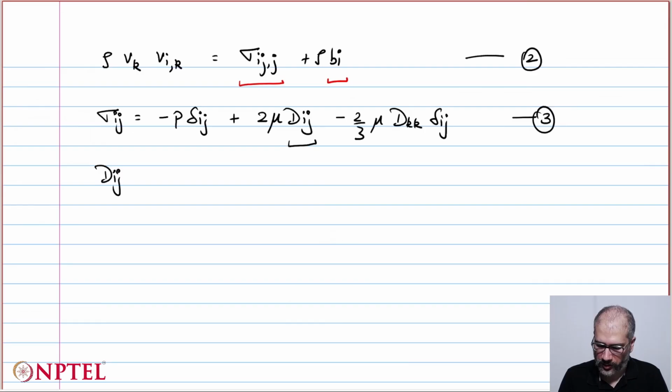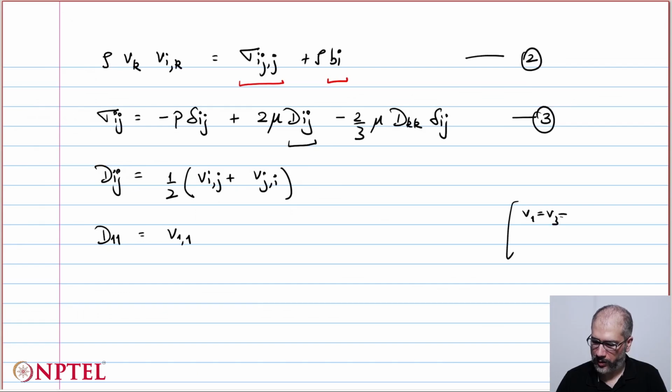So the rate of deformation tensor D_ij is the symmetric part of the velocity gradient tensor. So let's first find D11, which is v1 comma 1, but we already stated in the beginning that v1 and v3 are 0, and we found out that v2 is purely a function of x3. So we'll be using these ideas to find the expression for the D_ij tensor. So D11 is a 0 because v1 is a 0 everywhere.